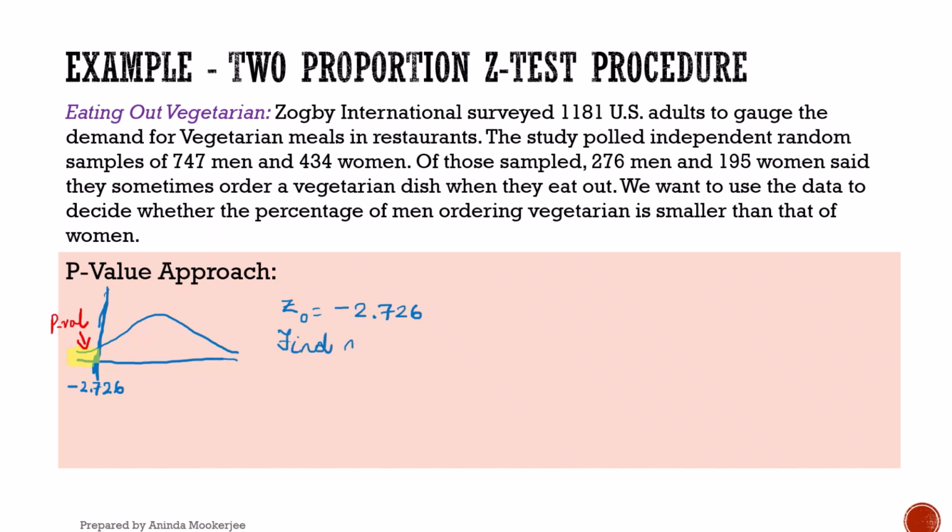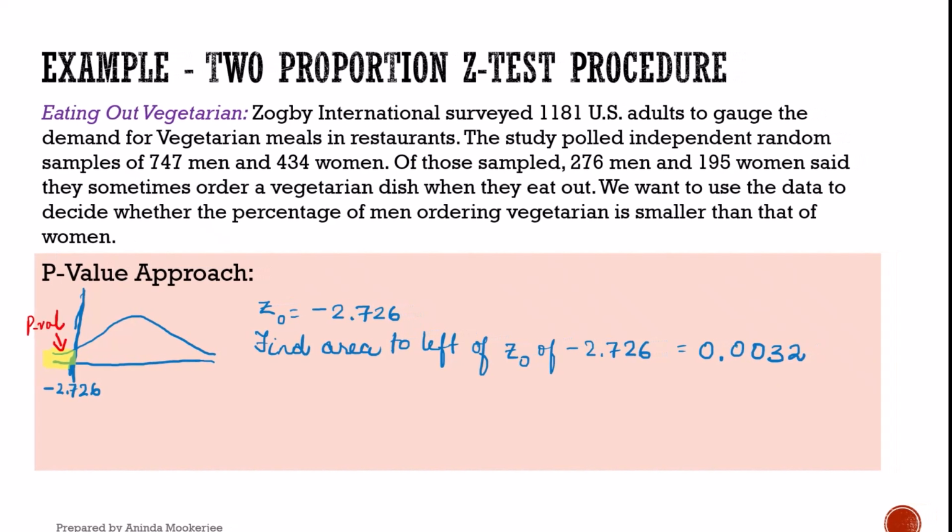Find area to the left of z sub 0 of negative 2.726, and that's going to be a very small value. It's going to be something like 0.00321, I don't know, 1 probably.